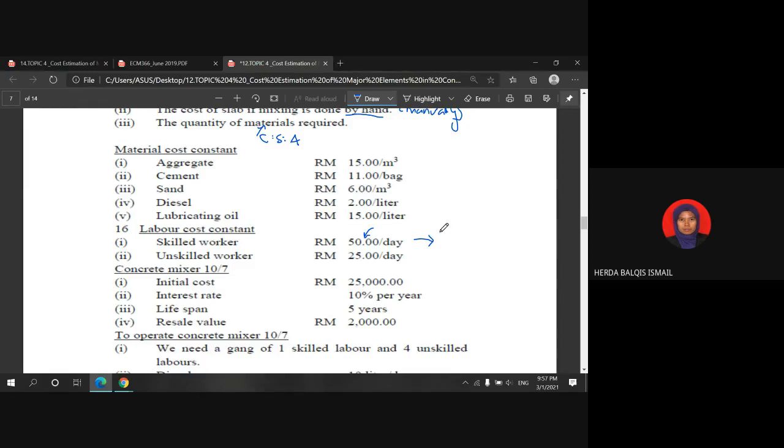As we know, the standard working hours in a day is 8 hours. So we just divide this 50 ringgit by 8 hours. The standard working hours in a day is 8 hours. So you will get 6 ringgit and 25 cents.